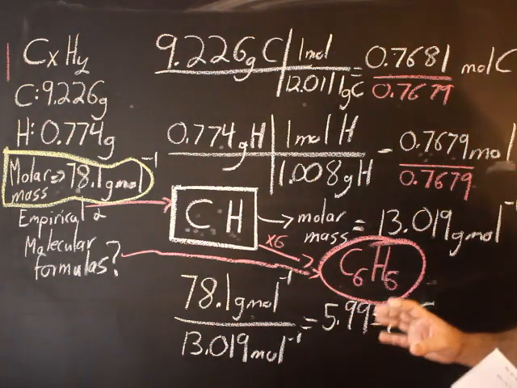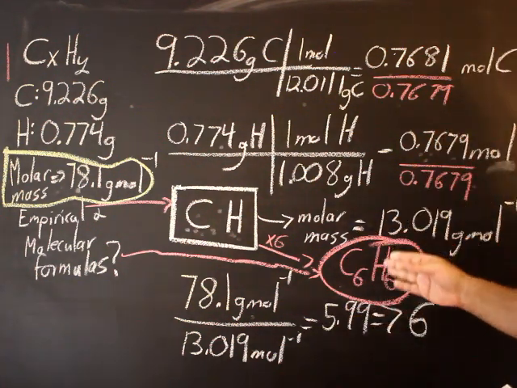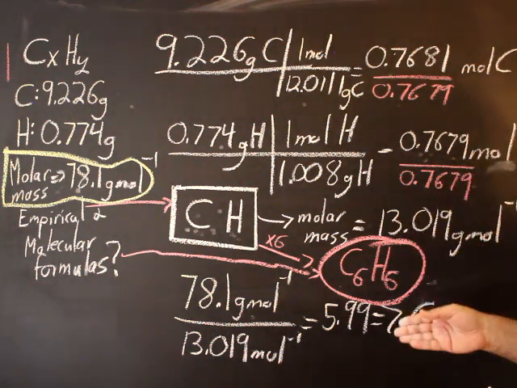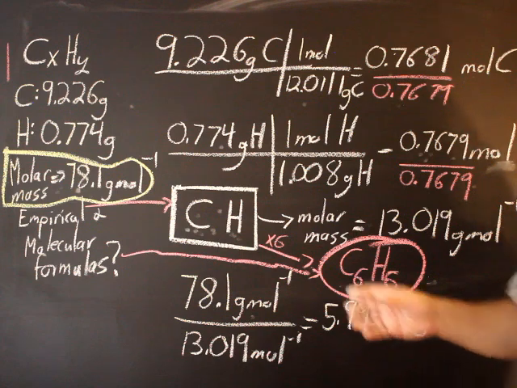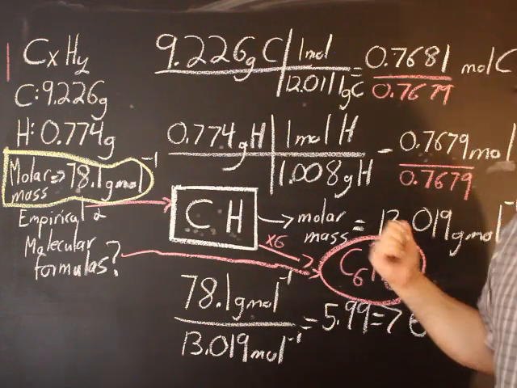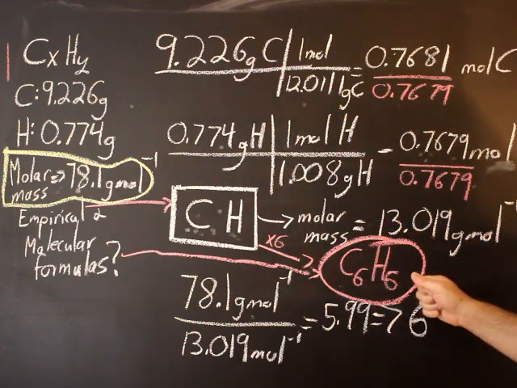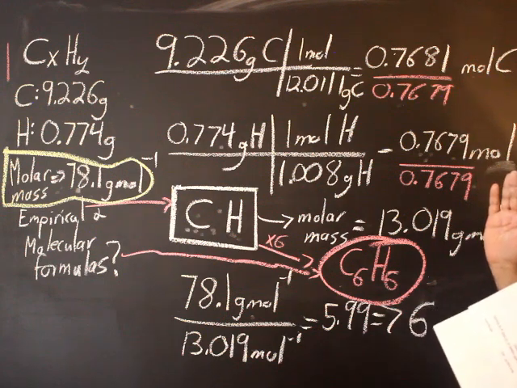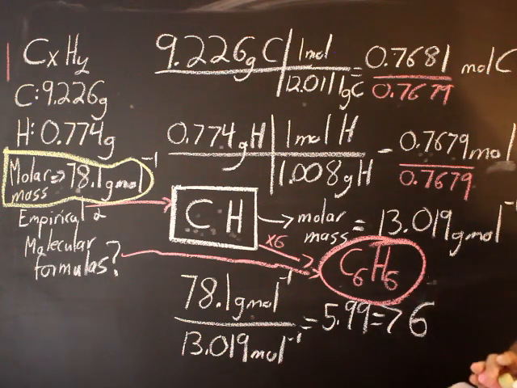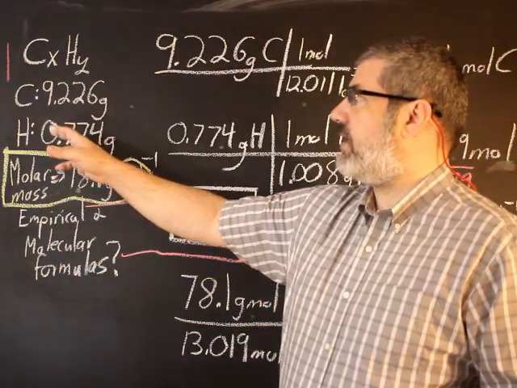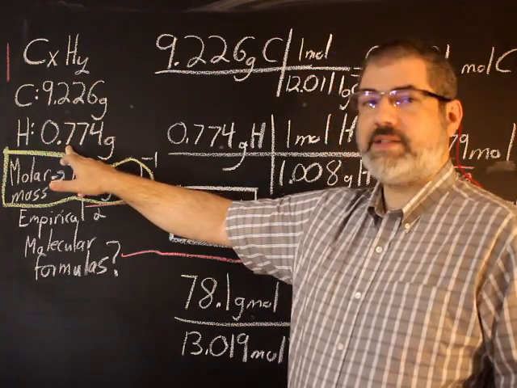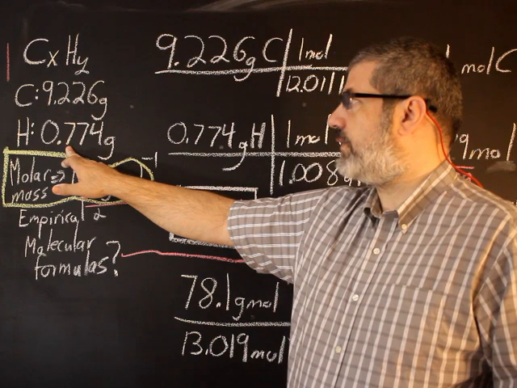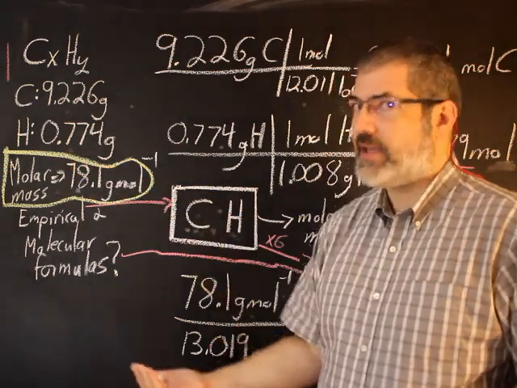You have to understand that these types of problems are going to require some thought. You're going to have to sit down and think about, okay, if I want to get from here to there, it's going to take a little bit of a grind. So whatever you do, don't get frustrated and just say, well, I have 9 grams of carbon and 0.774 grams of hydrogen, and then make that your ratio.